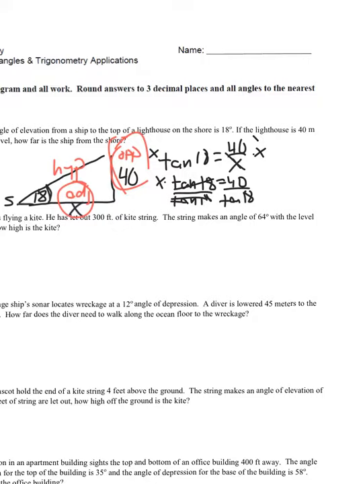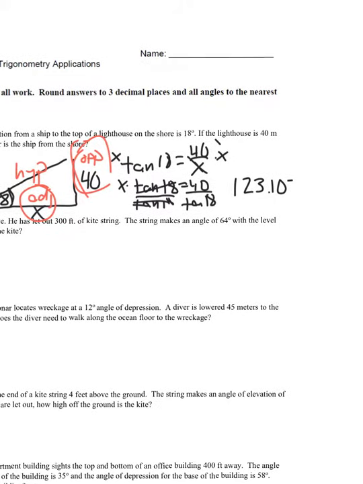So in your calculator, you're going to do 40 divided by tangent of 18, which is 123.107. And that's in meters. Okay? So we did that one together.